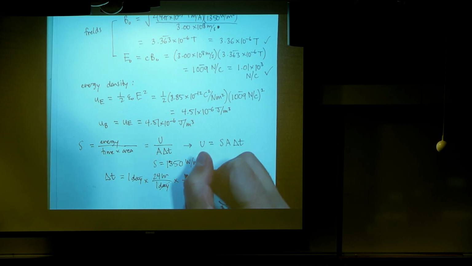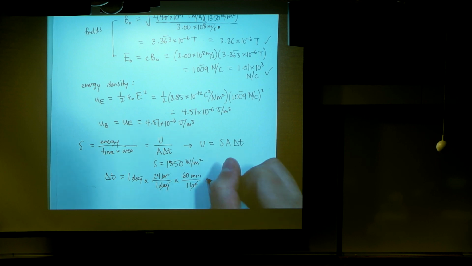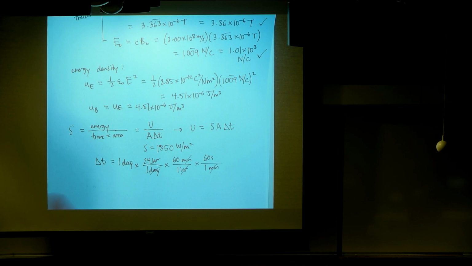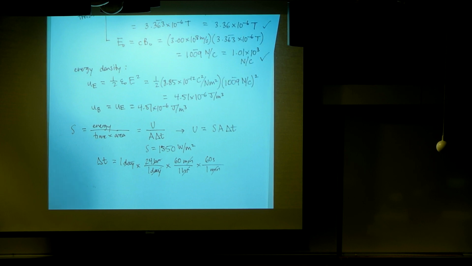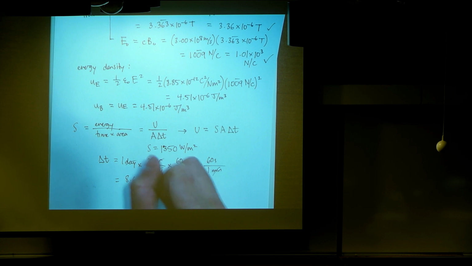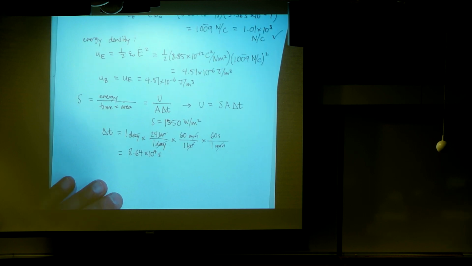Okay, there are 60 minutes in 1 hour. Cancel out hours. And then finally, there are 60 seconds in 1 minute. Cancel out minutes. All right, so we've got 24 times 60 times 60. And if you work that out, that's 8.64 × 10⁴ seconds. So that's the relevant time interval since we're interested in 1 day.